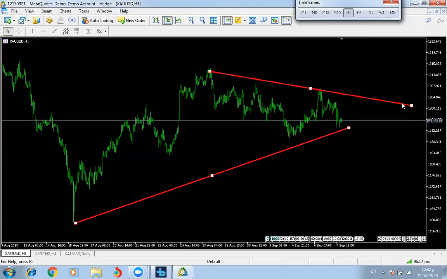For the wave 4, we will come back once we have exceeded the bottom of this.